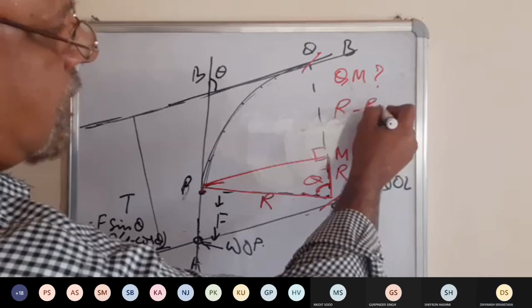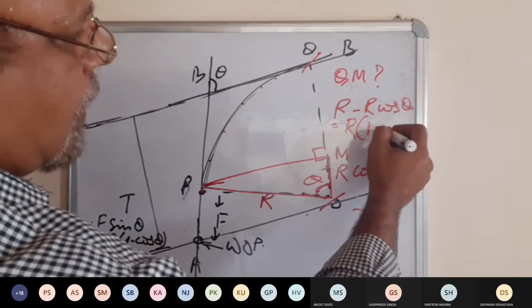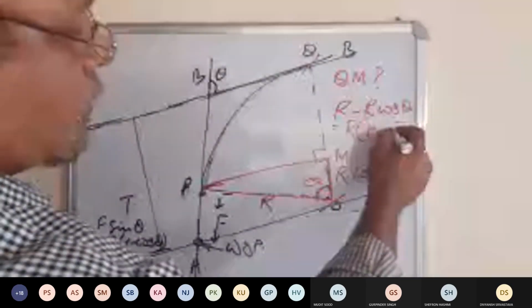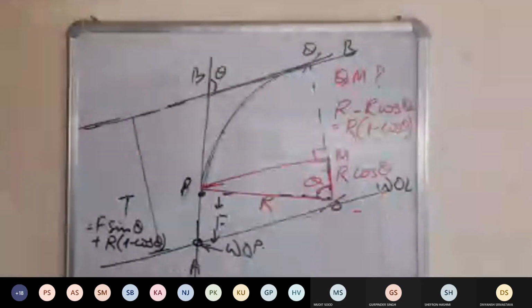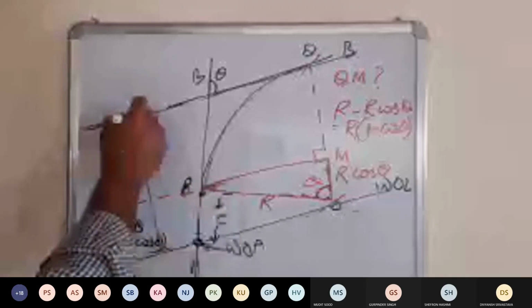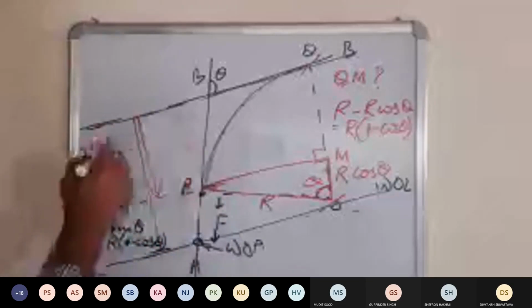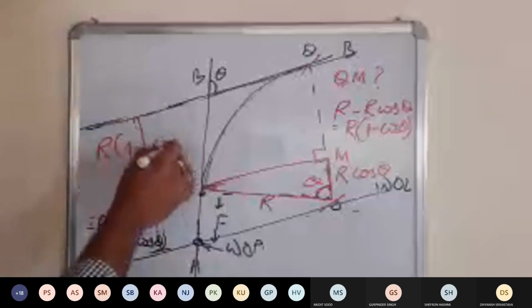So we can write this as, R को बाहर ले लें तो 1 minus cos theta. Is it okay? Yes sir. So if we extend this line further, from here to here, we have got R into 1 minus cos theta.